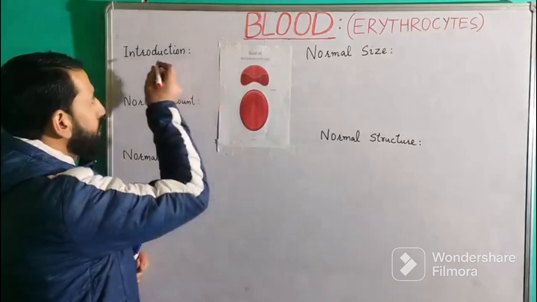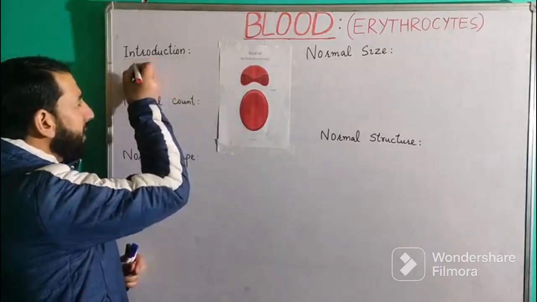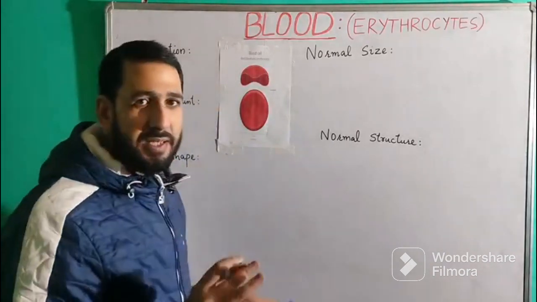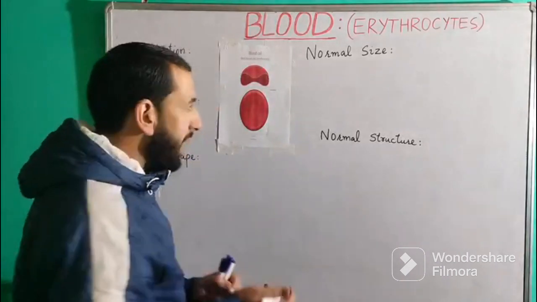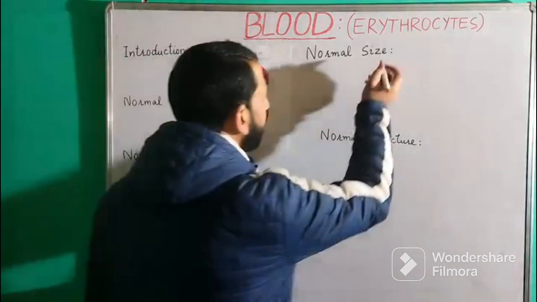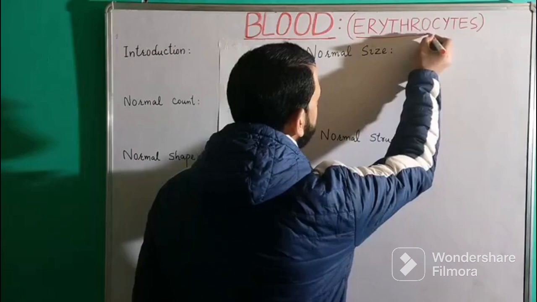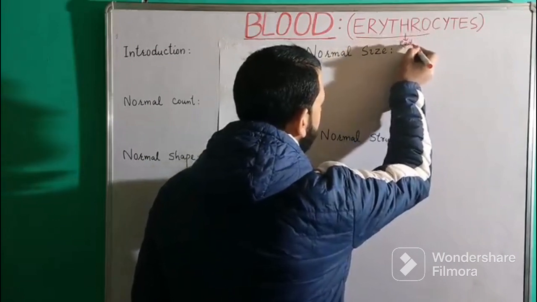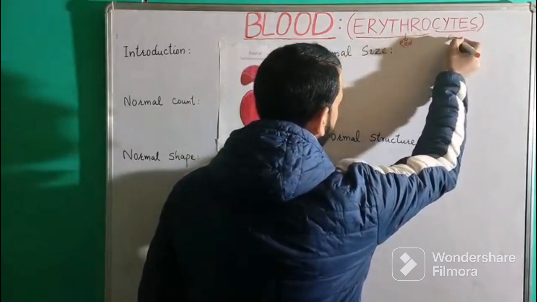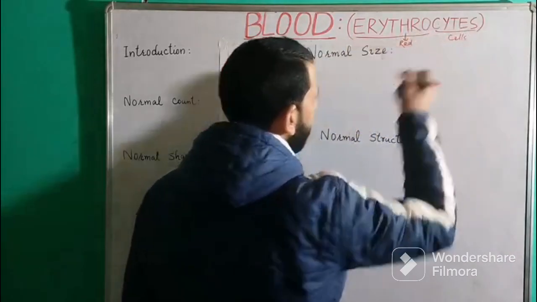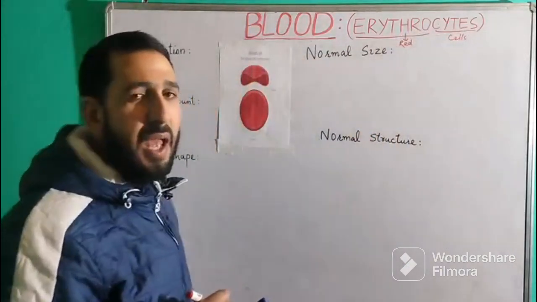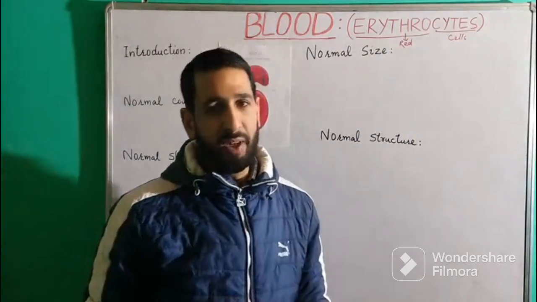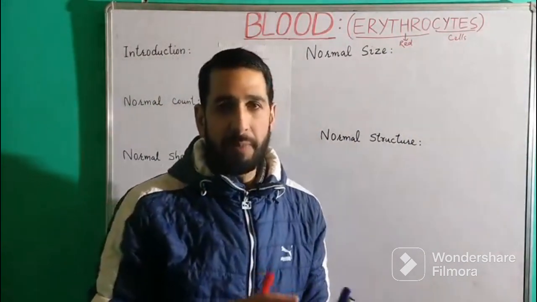erythrocytes. Erythrocytes is made up of two words, in which erythro, let me write it here, erythro means red and cytes means cells. So simply they are the red cells, right? And these red cells we also call red blood cells.